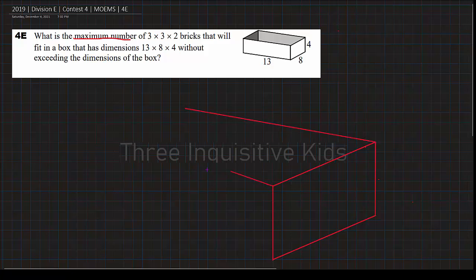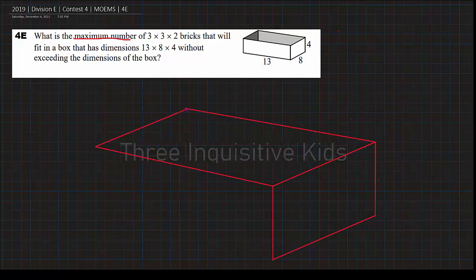For example, we would have 2 stacks of bricks, but I still need to find the other dimensions, which we will use division to solve. So I want you to think about that for a moment. What can we use, and what would this diagram of the box be helpful for?